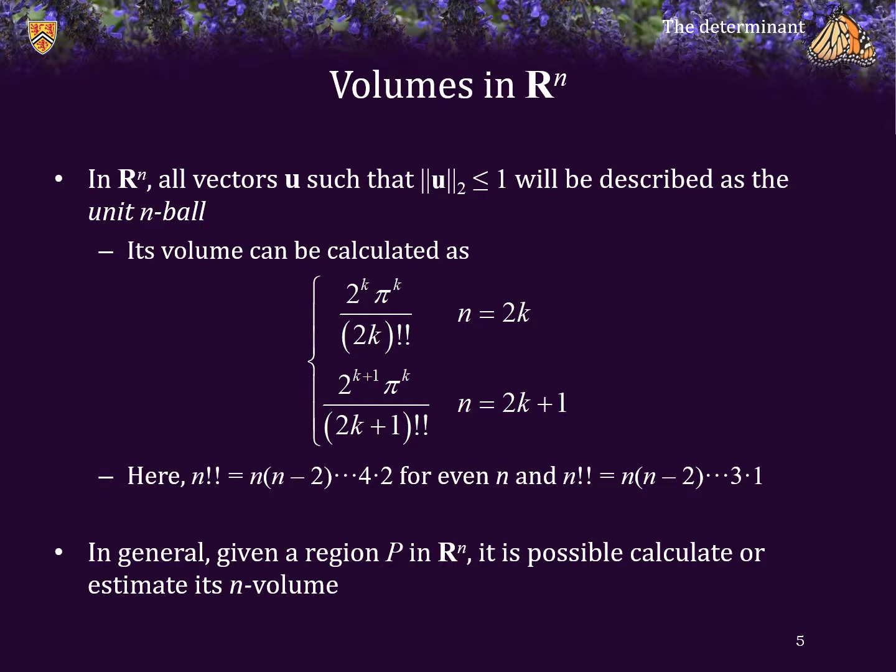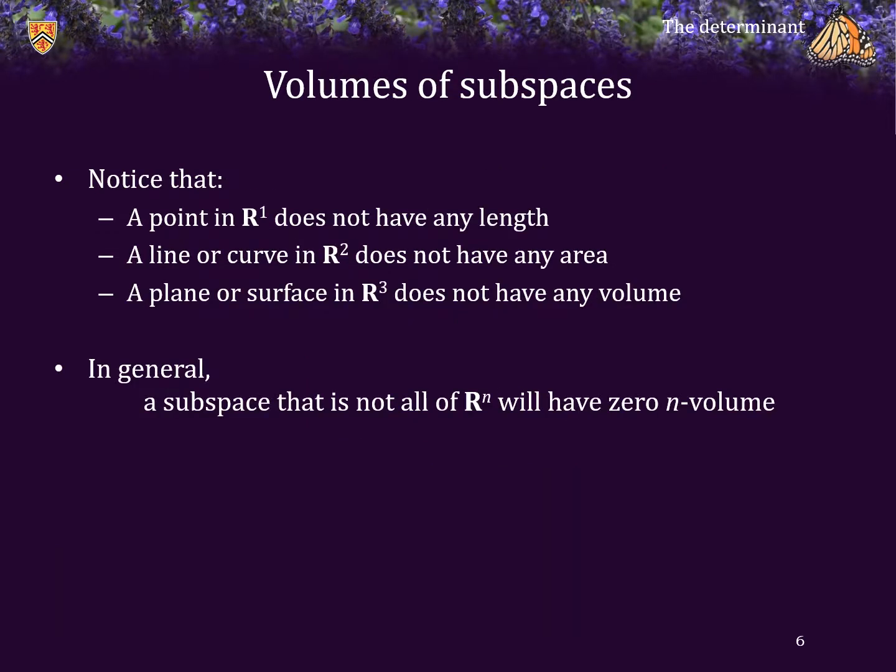Now, in general, given a region P in R^n, it is possible to estimate its n-volume. Notice that a point in R1 does not have any length. A line or curve in R2 does not have any area, or 0 area, as does a point.